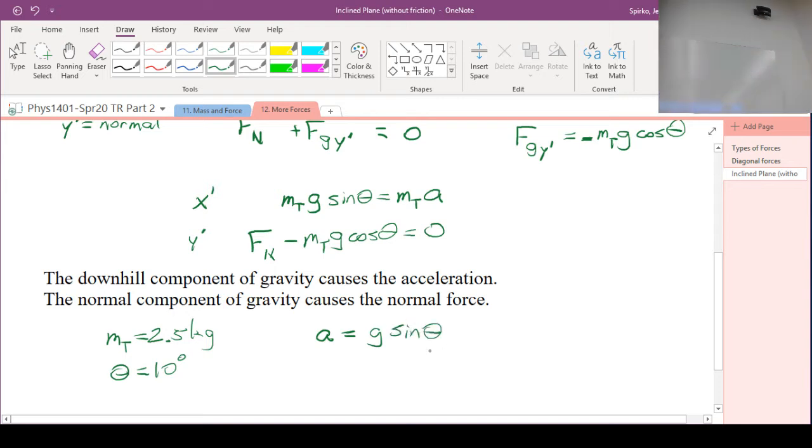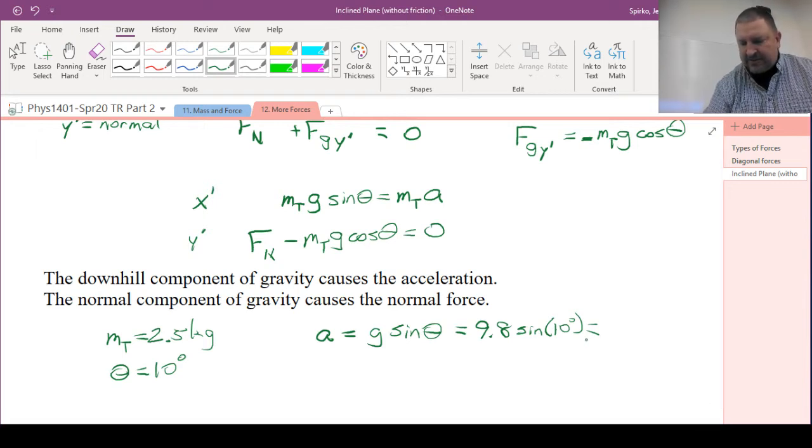Notice in the x equation, the mass cancels out on both sides of the equation. So that is 9.8 times sine of 10 degrees.